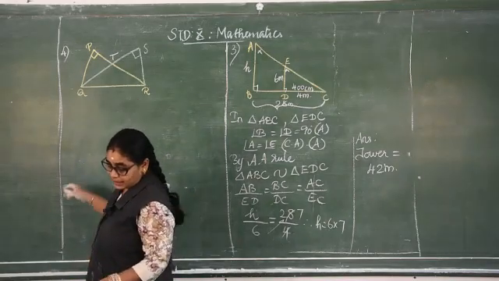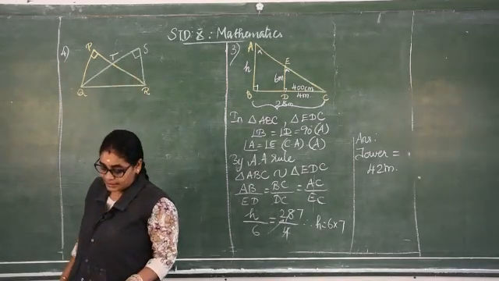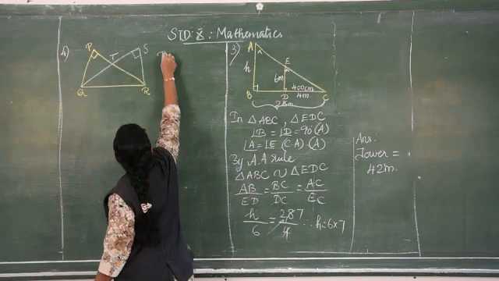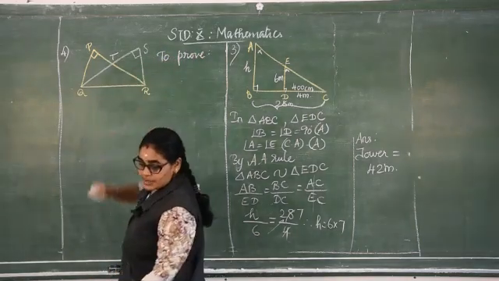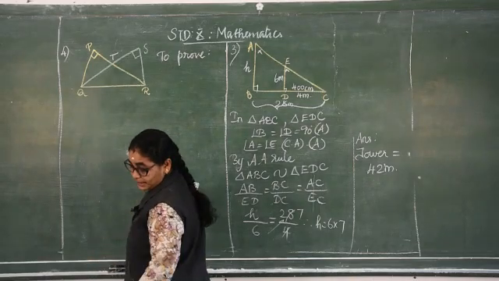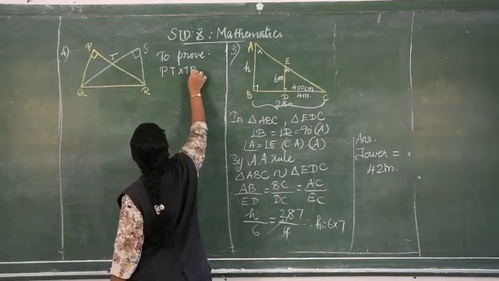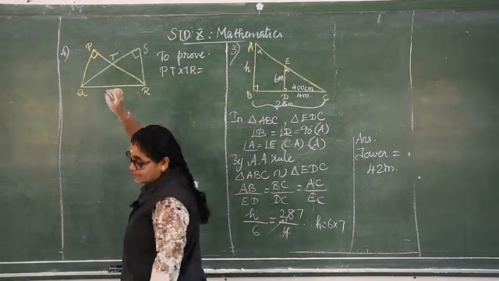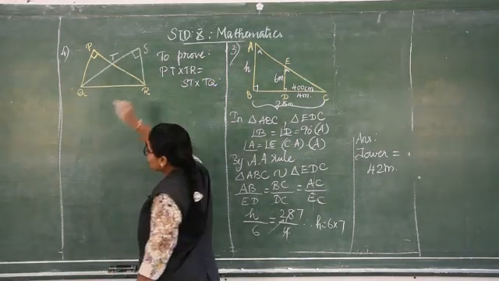If PR and QS intersect at T, prove that, to prove, PT into TR is equal to ST into TQ.